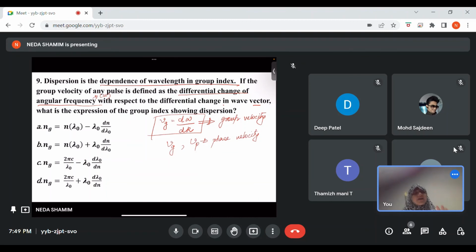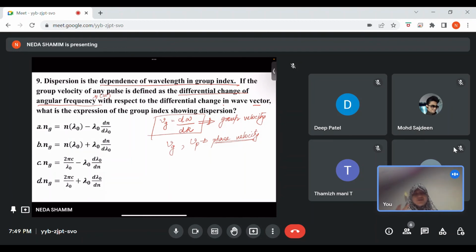A very simple example: imagine that there is a marathon and many people are running. The velocity of an individual person corresponds to the phase velocity. In a marathon you see at one place a concentration of some people, at another place a concentration of other people.